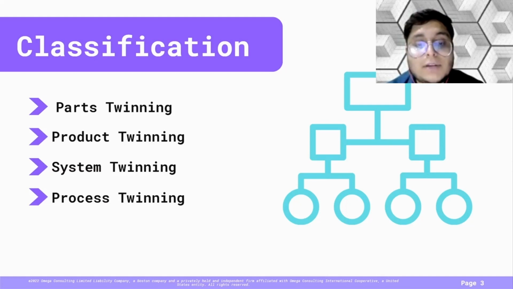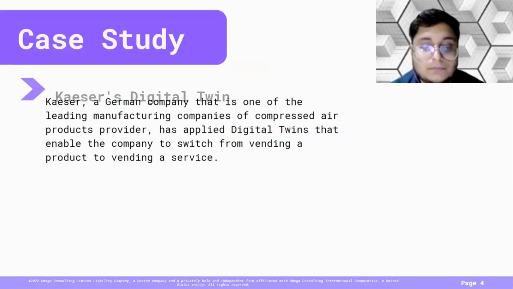Moreover, the machines running in each unit would be twinned and tagged under the product twinning. Further, the smaller parts of the machines would be twinned under the parts twinning. In this way, the entire procedure of twinning is done, and the whole project is covered in tiny bits, accounting for a huge amount of work.